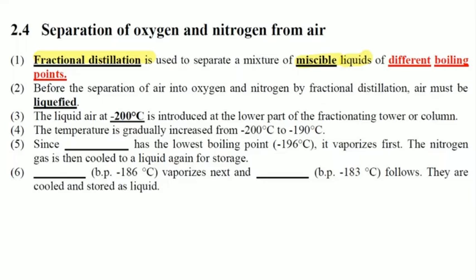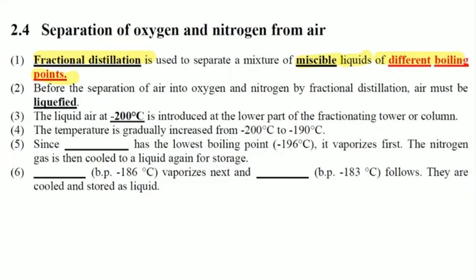So the first step of the fractional distillation of air, we need to make air become a liquid first. So we need to liquefy air first. Later we will tell you how we can liquefy air.